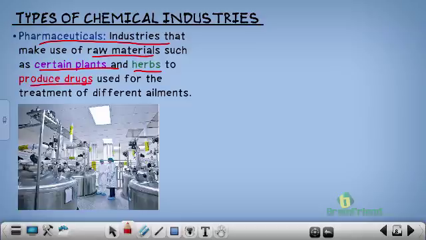Examples of drugs produced by this industry are aspirins that we use in the treatment of aches such as headache and body aches. The aspirin is gotten from a raw material, actually the bark of a plant known as the willow tree.